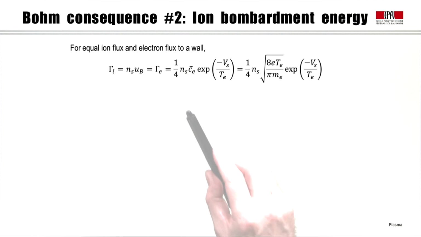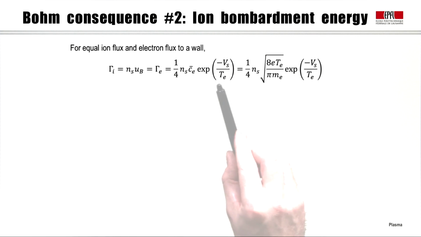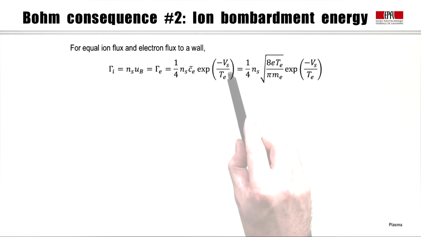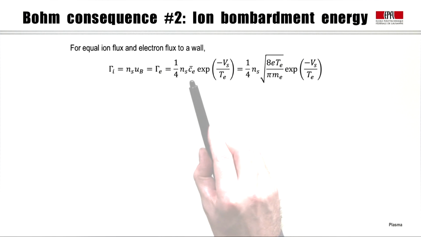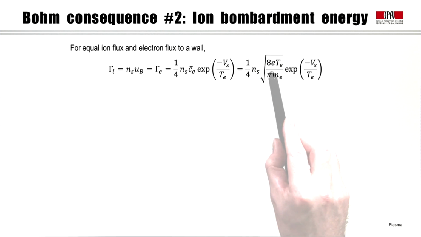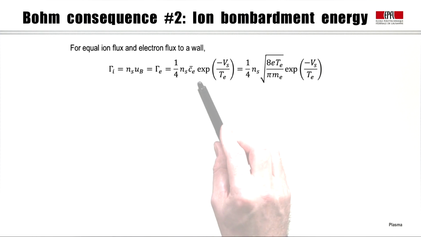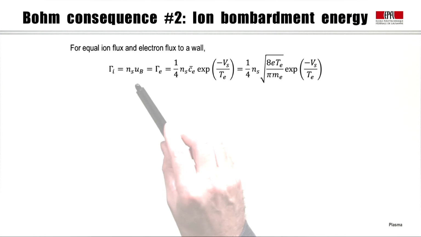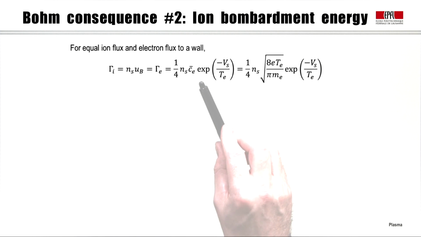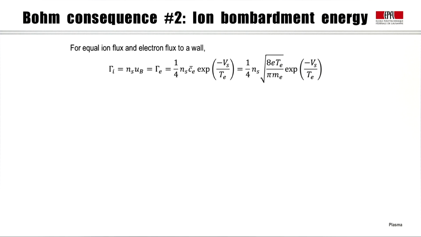The electron density is given by Ns times the Boltzmann factor in crossing the sheath, and the electron thermal velocity is the square root of 8eTe over pi me, where Te is in electron volts. We use the kinetic expression for electrons and not for ions because the thermal velocity of electrons is much, much greater than the drift velocity in these cases.